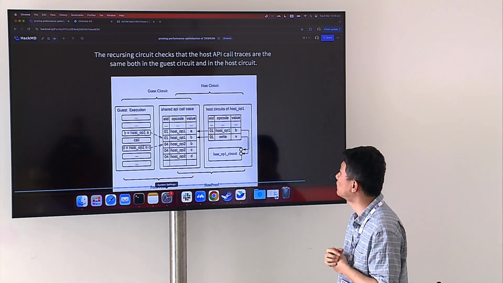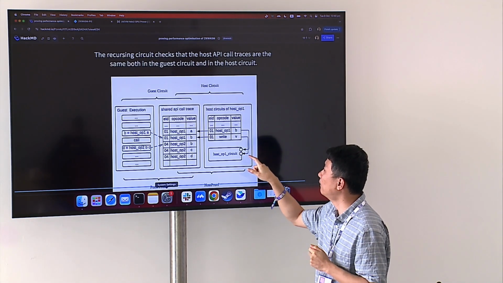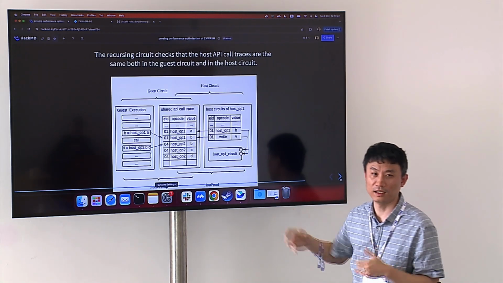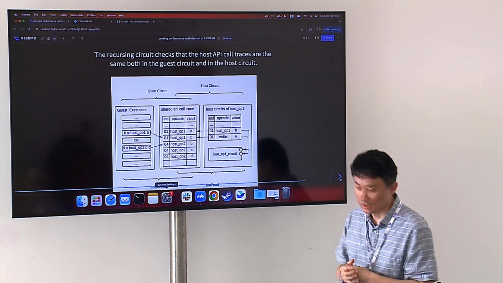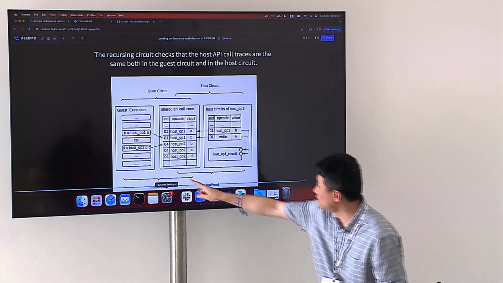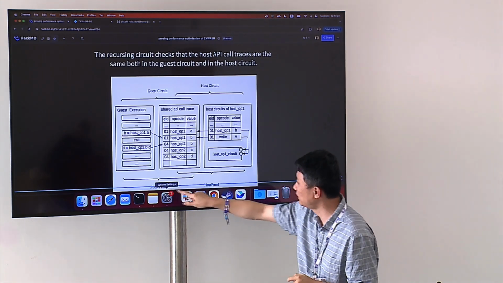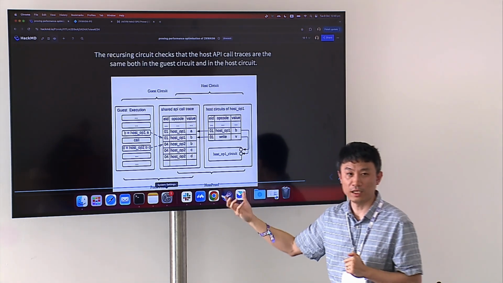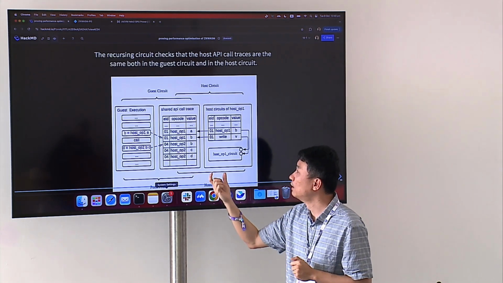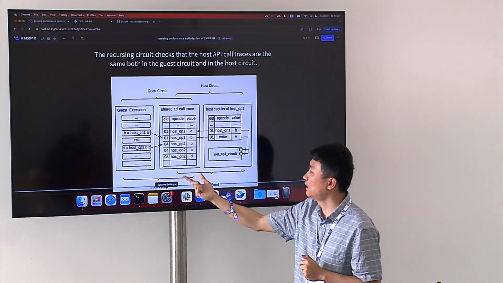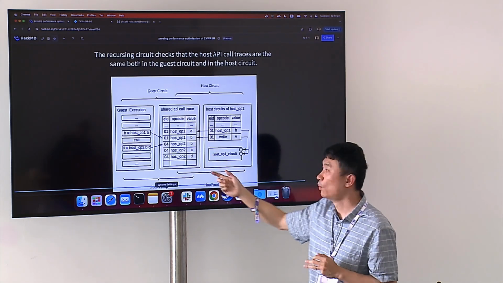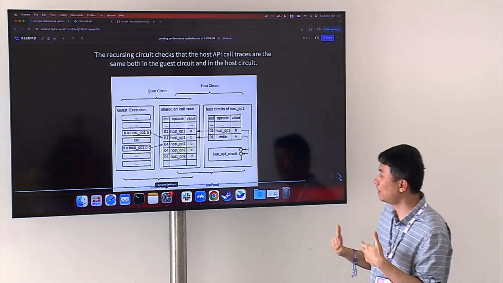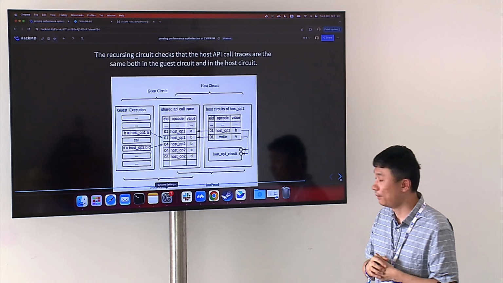And we have another host circuit that enforces the input and output by the semantics of the host operation. And in the batch, there's something underneath out of the screen. In the batch circuit, we compare the commitment of this column with the commitment of the column on the host circuits, so that they can be connected.